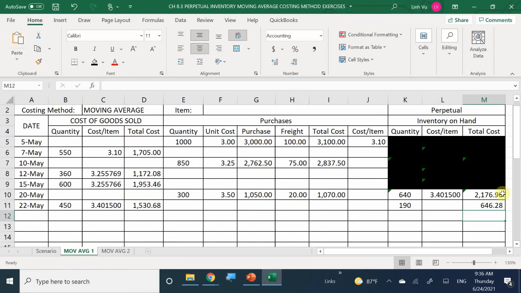Perfect. And the cost per item, 3.4015. That's great. You just have to keep extending. Block that off because it doesn't exist anymore. I sold inventory.